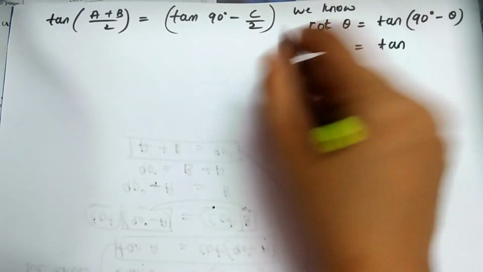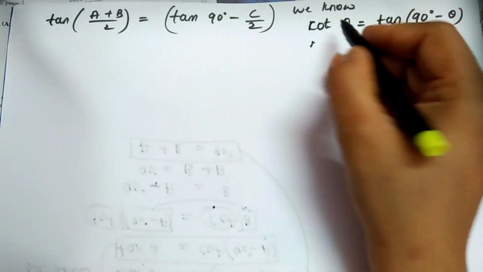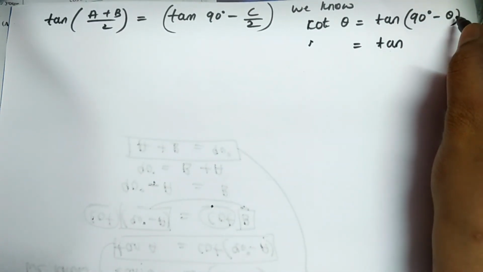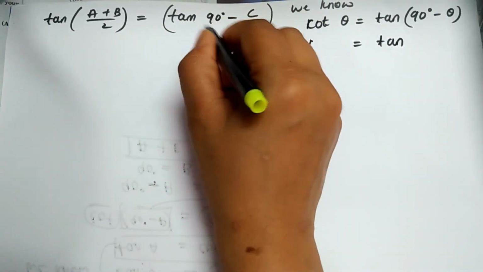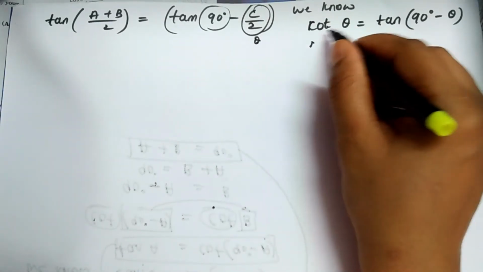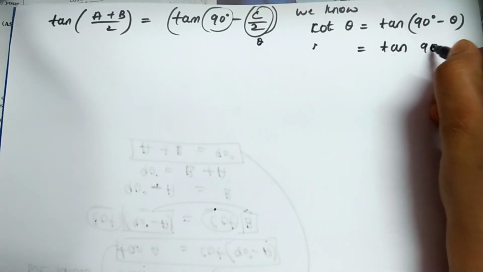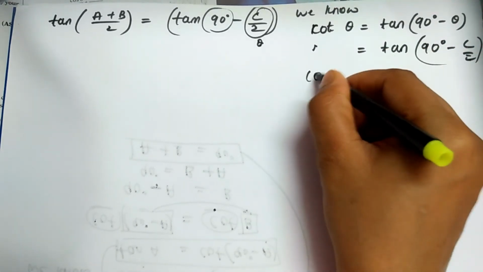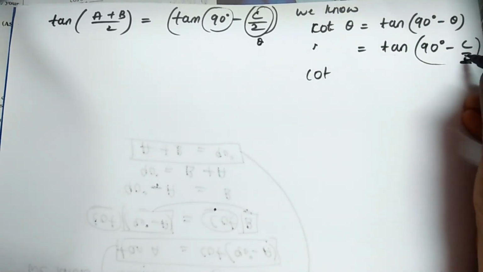But we know one thing: seeing this 90 degrees, cot theta is nothing but tan of (90 minus theta), right? So according to the question, instead of theta there is c by 2.